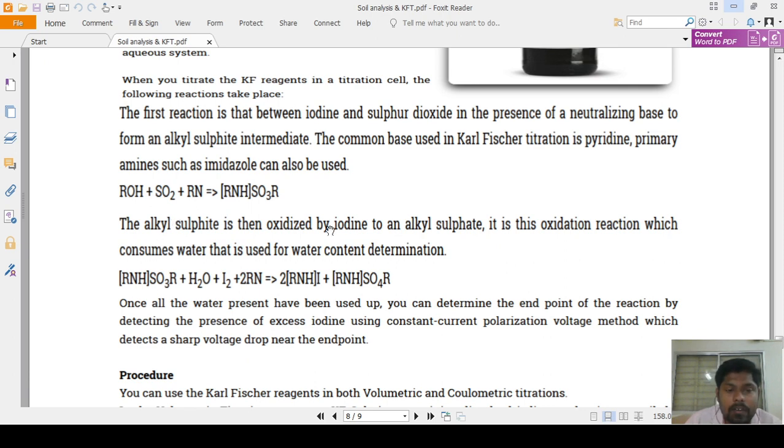Then the alkyl sulfite is oxidized by iodine to an alkyl sulfate: RNHSO3R plus water in the presence of I2 and base gives RNHSO4R and RNHI, which consumes the water. That is the oxidation reaction which consumes water. That means the water molecules are consumed by that sulfite intermediate complex. On that basis, you can find out how many moles of water are present in the non-aqueous system.